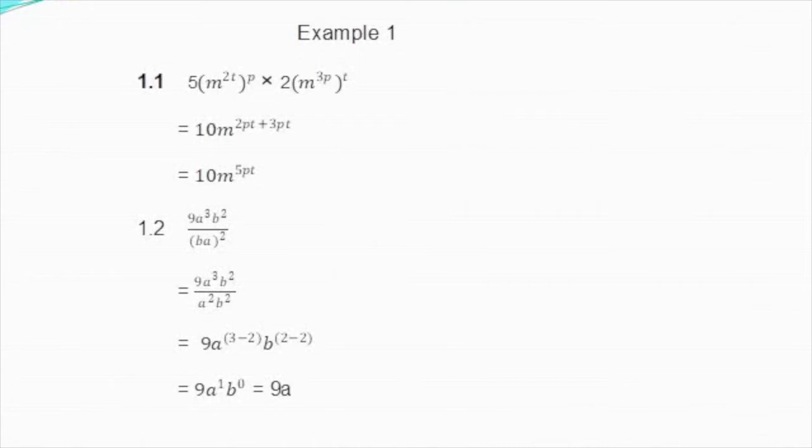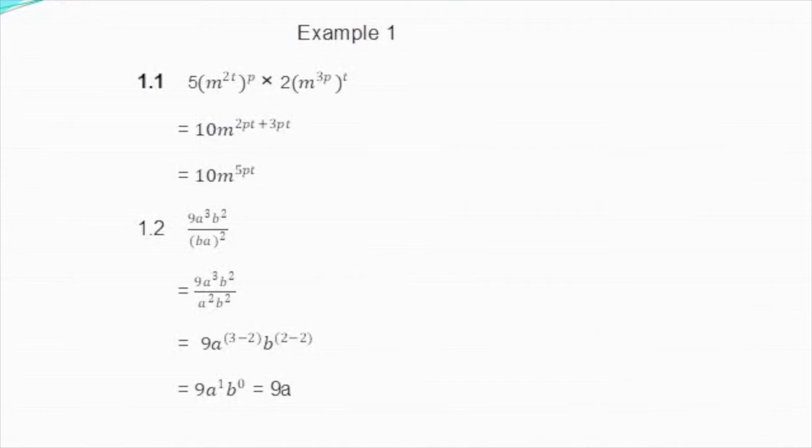So therefore we are going to have 9a to the power 3, b to the power 2 divided by a to the power 2, b to the power 2. After, we have to apply one of the laws of exponent again that says when we are dividing, we need to subtract the exponents.